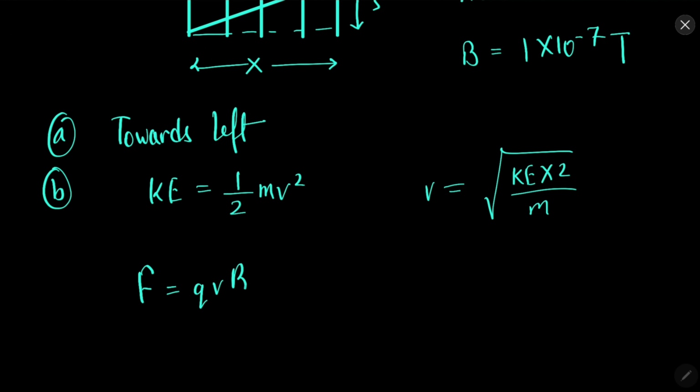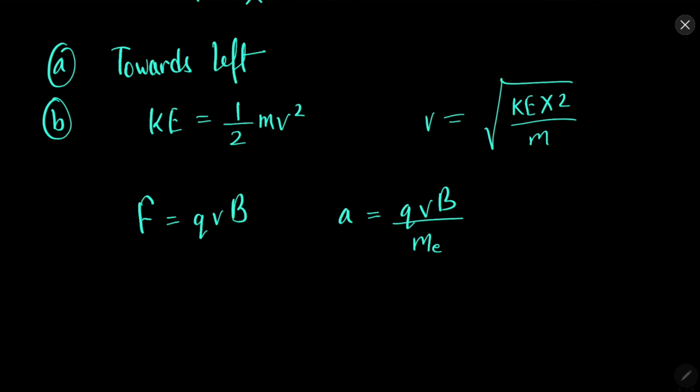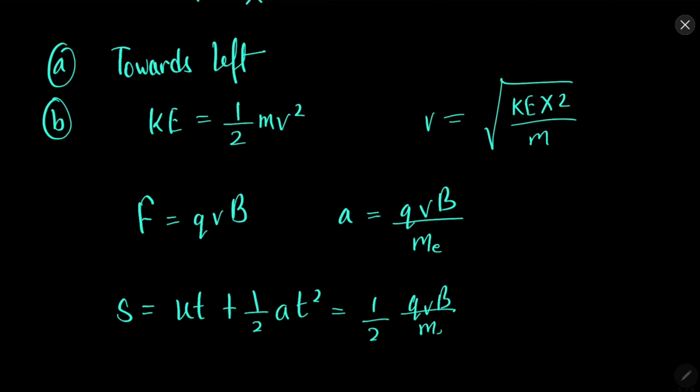Now F is qvB, and acceleration will be qvB over mass of electron. So by s equal to ut plus half at square, initial velocity is 0, so this will become 0. So half a is qvB over mass of electron into time square.